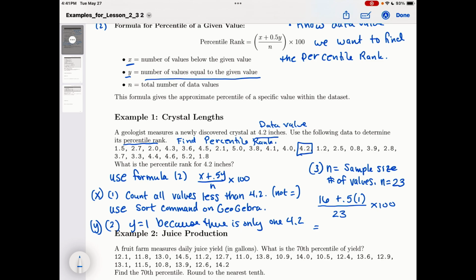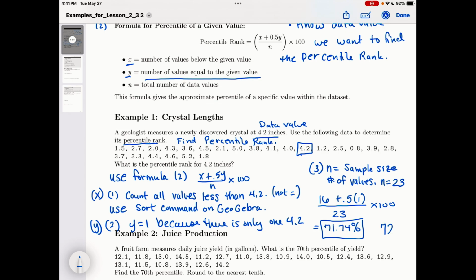So when I take 16 plus a half, that gives me 16.5. I divide that by 23 and multiply by 100, and I'm going to get 71.74%. With our XYZ homework, we typically want to enter the percentile as a whole number.